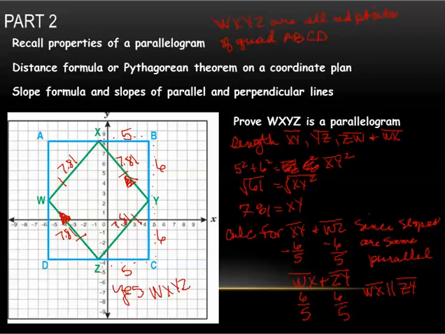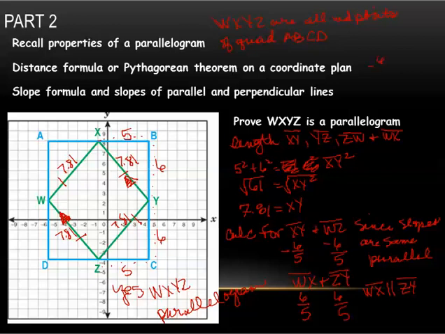So your answer would be yes, WXYZ is a parallelogram. Now, if they wanted you to get more specific, we know that the sides are not perpendicular. Because remember, if they're perpendicular, you would have opposite reciprocals.